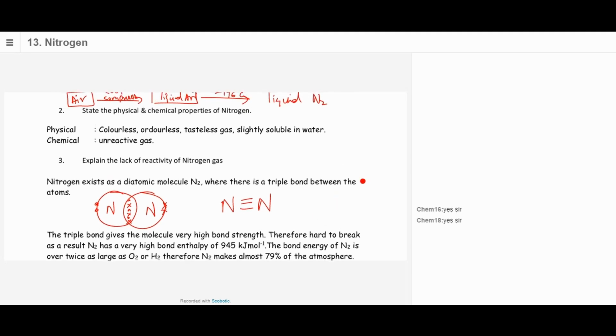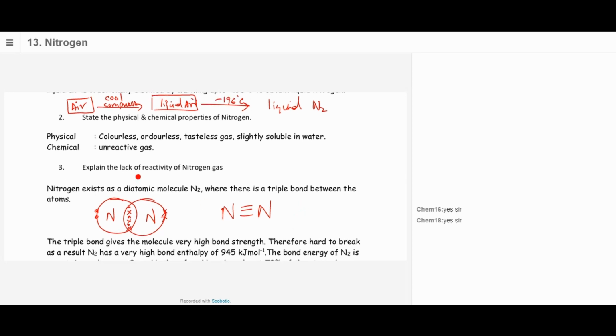The bond energy of nitrogen is more than the bond energy required to break oxygen or hydrogen. That's the reason why nearly 79% of air is nitrogen. Please copy the dot and cross diagram and the Lewis structure of nitrogen.